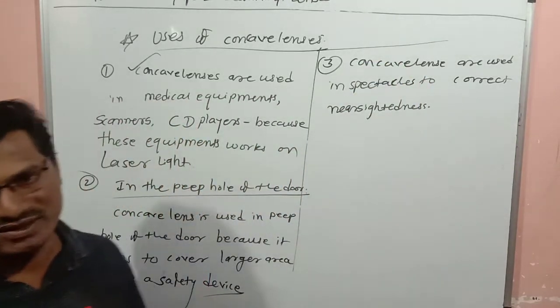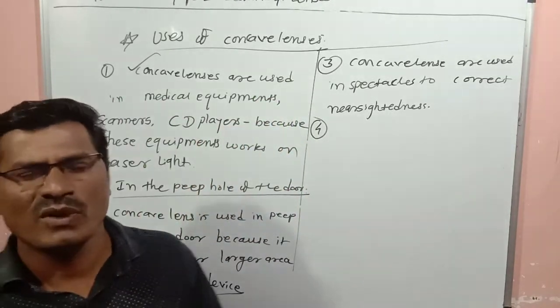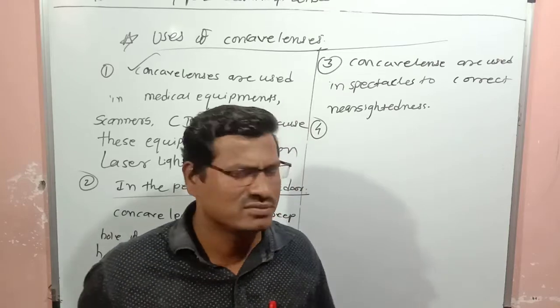Correct nearsightedness. Fourth point is there, and what is the fourth point? In the torch also.